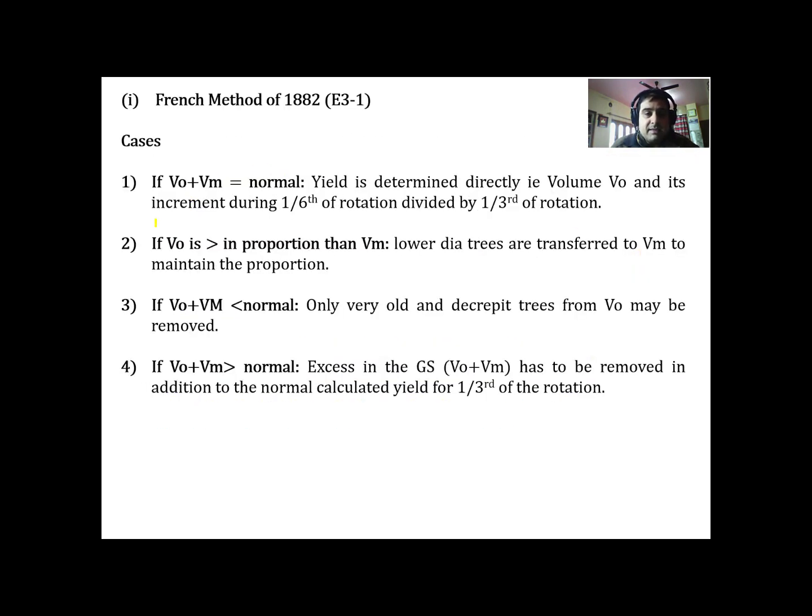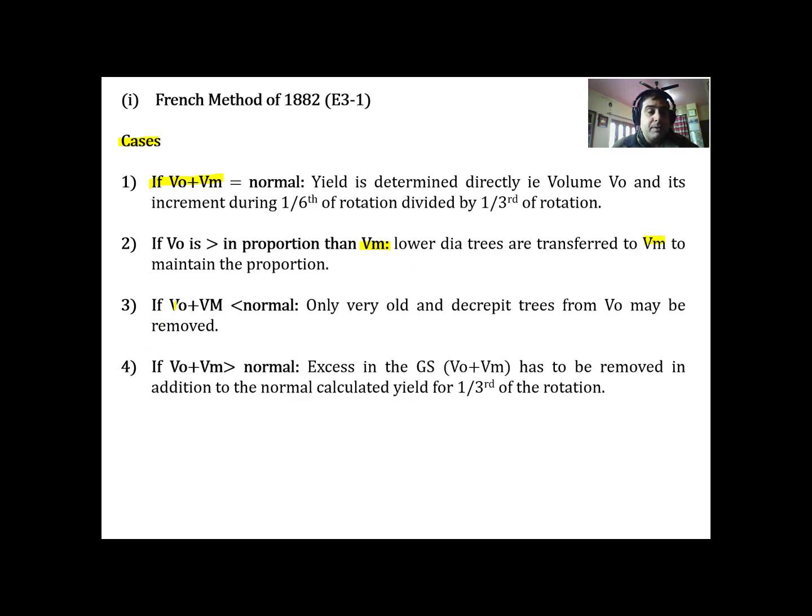Now there are some cases in the French method you need to understand. If the growing stock in the old and in the medium is normal, yield is to be directly determined, that is volume and its increment during 1/6 of the rotation divided by 1/3 of the rotation. If volume old is greater in proportion than volume medium, lower diameter trees are transferred to the medium to maintain the proportion.